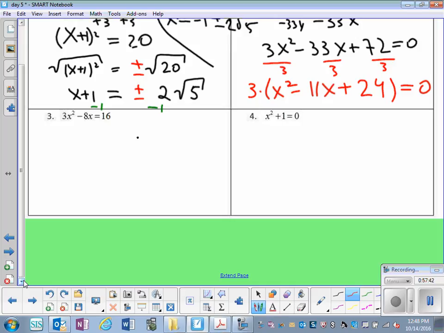Come on, we got 2 minutes. Let's finish this. T chart. Now we do the T chart. So I need two numbers that multiply into 24 and add to minus 11. So what is it? Negative what? Negative 3 and negative 8.